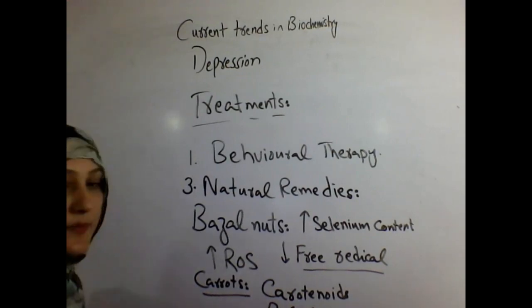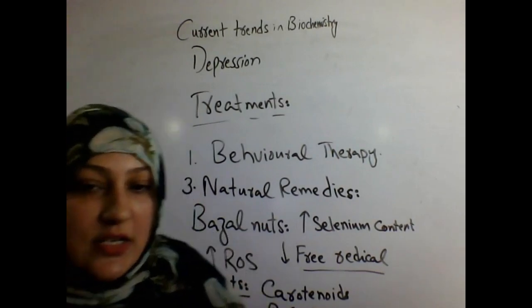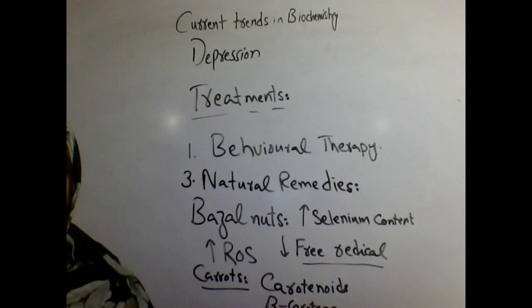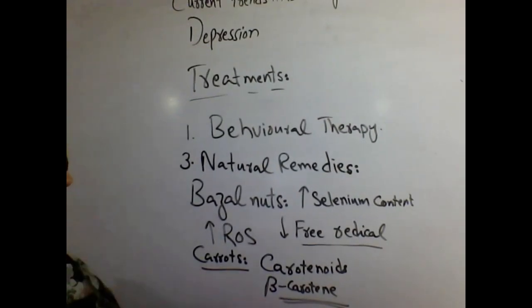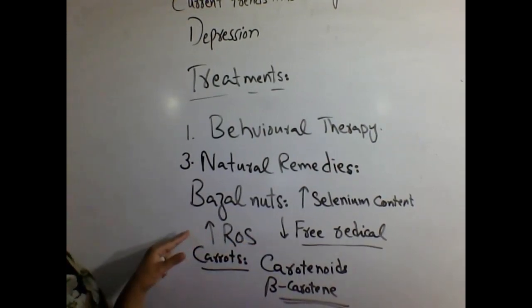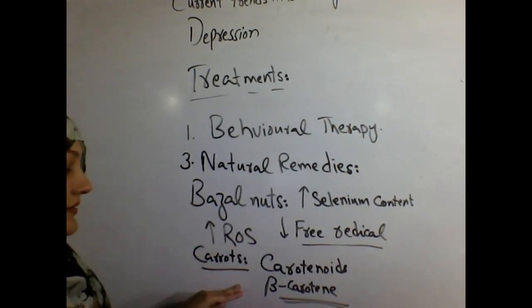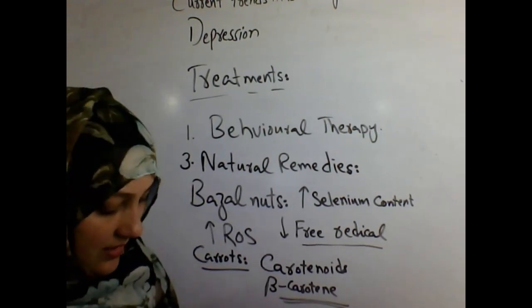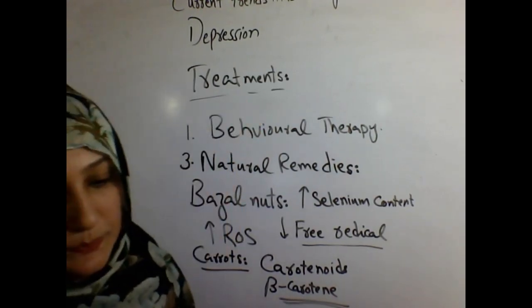Beta carotene or carotenoids are also used to sequester the reactive oxygen species, and by sequestering these reactive oxygen species, the depressive symptoms come to an end. So they are also helpful for depression therapy.